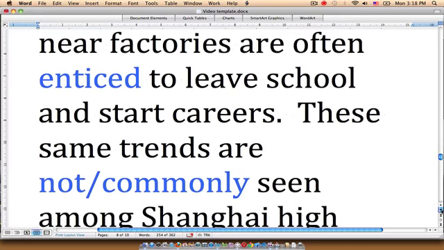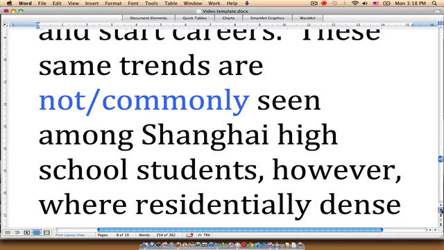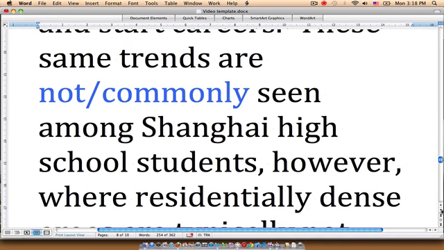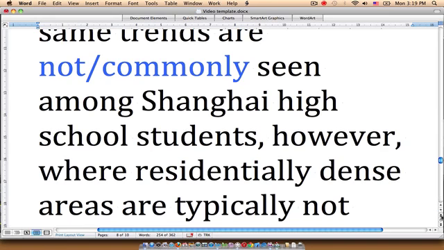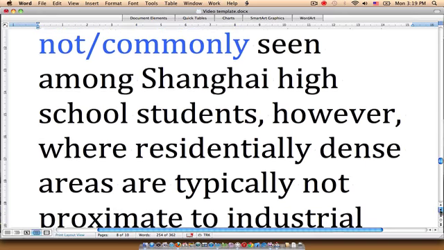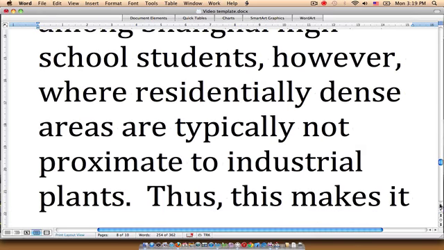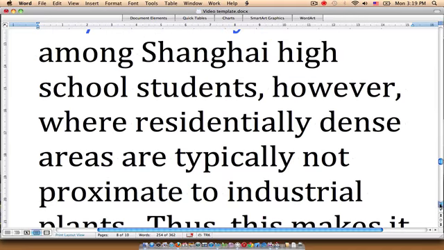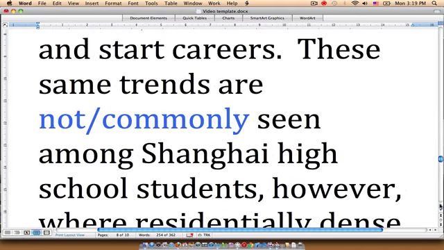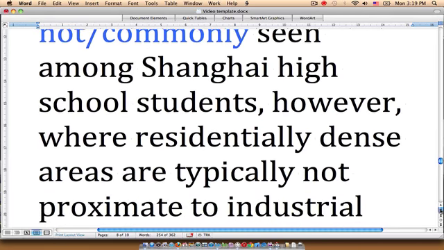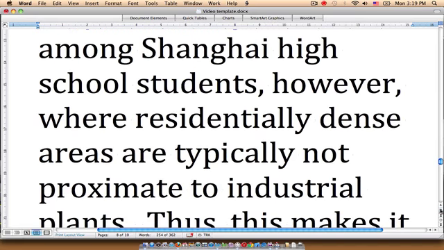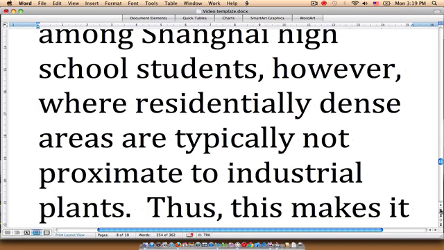These same trends are not seen among Shanghai high school students, however, where residentially dense areas are typically not proximate to industrial plants. Or, these same trends are commonly seen among Shanghai high school students, however, where residentially dense areas are typically not proximate to industrial plants.